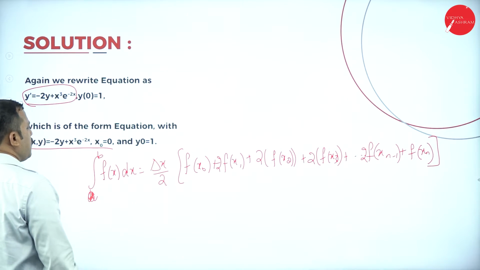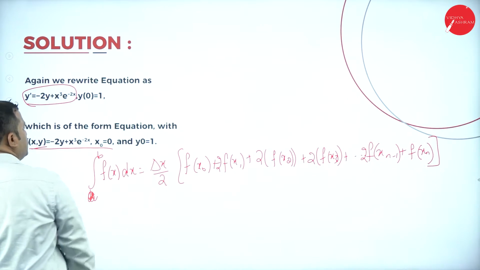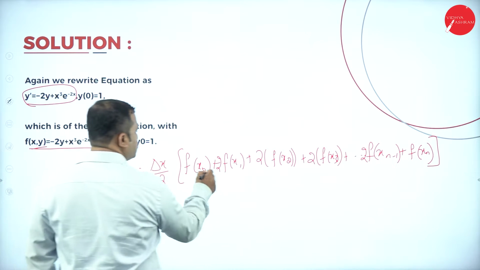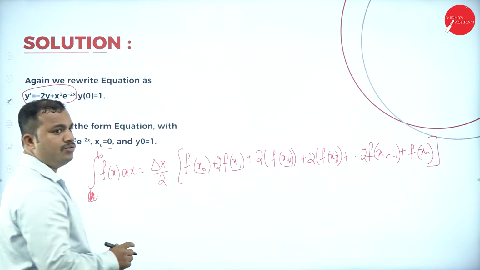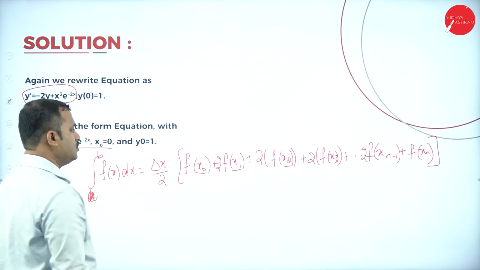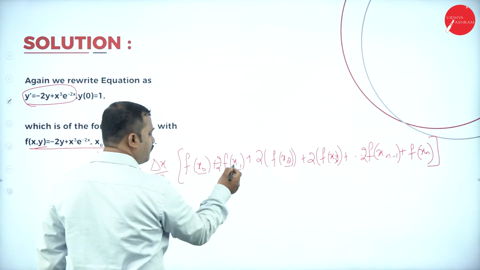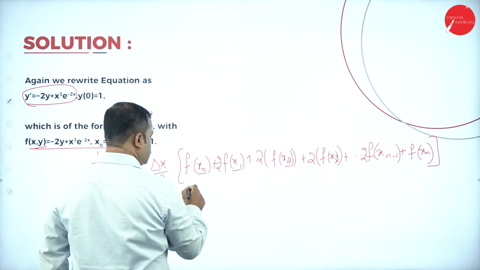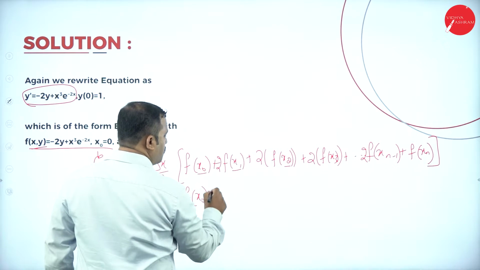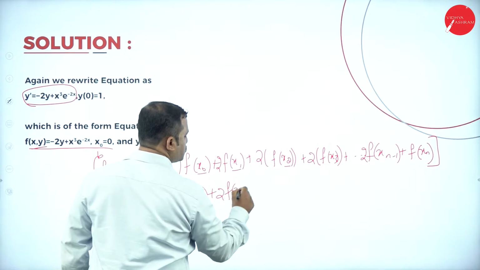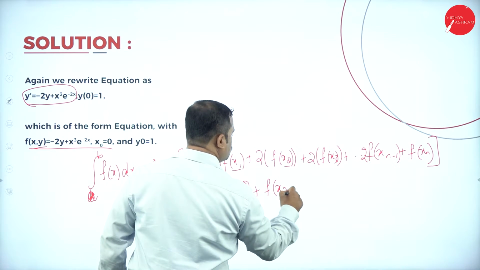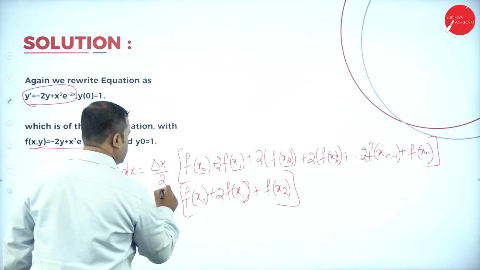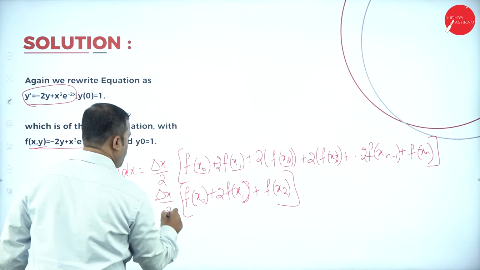If that is the case, what is the value of y0 then? We have x0 here, x1 here, x2 here. We have to find out x0, x1, x2. If this is n, we have to find out only this term, that is f of x0 plus 2 times f of x1 plus f of x2. This is to be determined, that is delta x by 2.